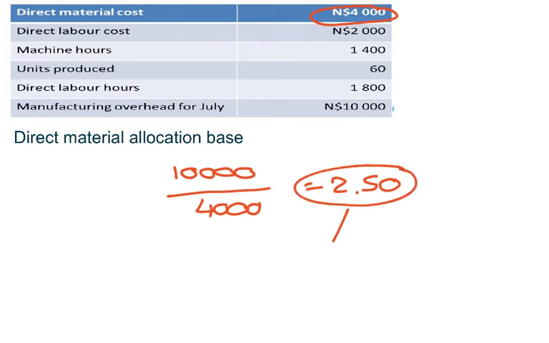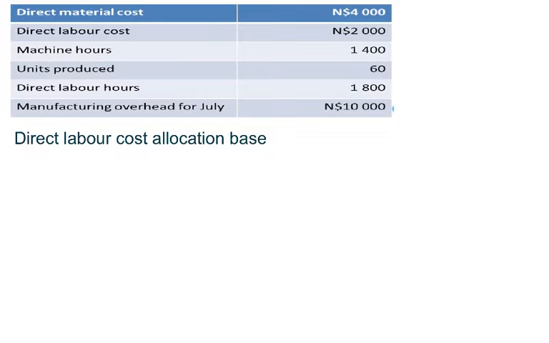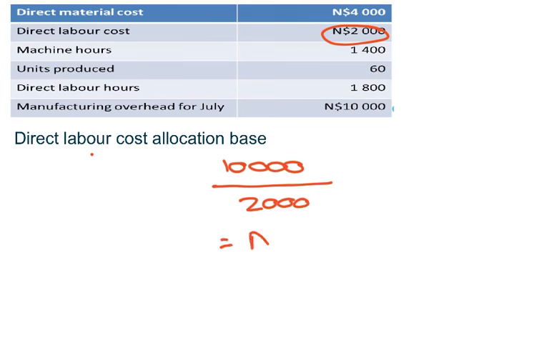It tells me for every $1 of material cost, direct material cost, I estimate that I will have $2.50 in manufacturing overheads. If I look at direct labor cost allocation base, again take my total manufacturing overheads divided by my direct labor, which is 2,000, and the answer is then $5.